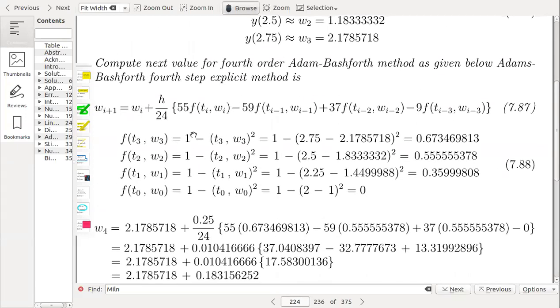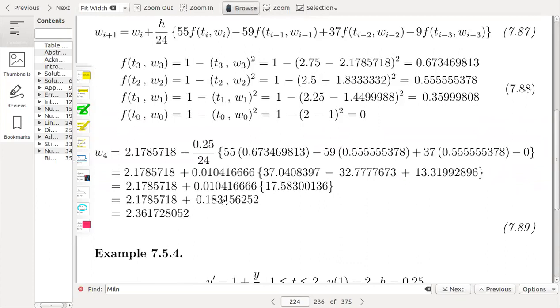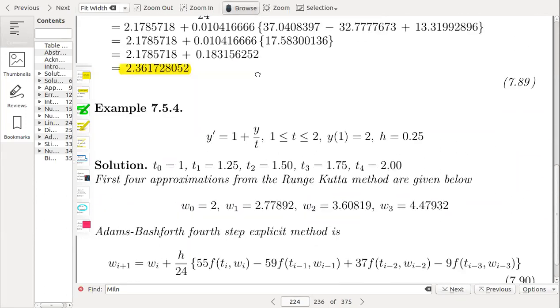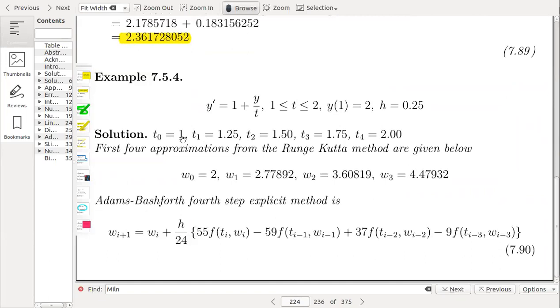So we have used the given values, and we have computed the predicted value, which is 2.361728.